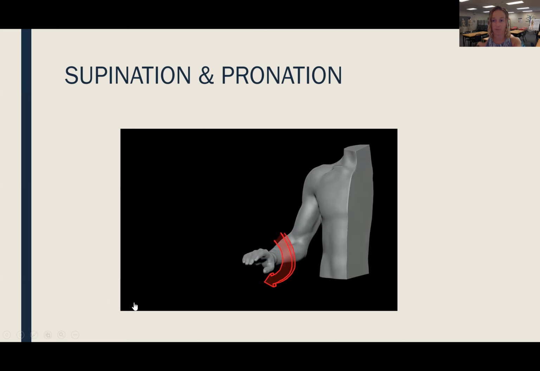So you can see that your arm rotates around the forearm. And also if you straighten your arm, you can make the same rotations with your arm completely straight. So the words supination and pronation are the same no matter what angle your elbow is at. It's just a matter of which direction your forearm is rotating.